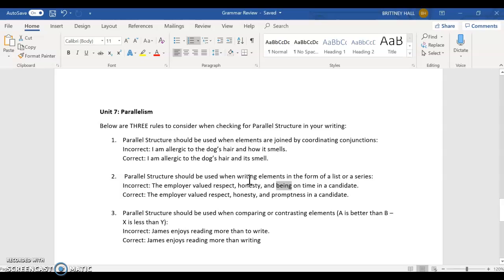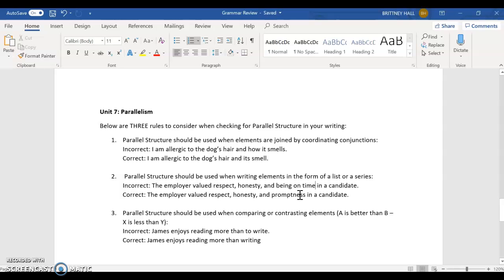So if there's a way we can change it, even if we have to use a synonym or replace a full phrase with a single word instead, as long as the idea is similar, if you can have your parallel structure in a sentence, that's better. It's a better option. So the employer valued respect, honesty, and promptness. Now we have noun, noun, noun.